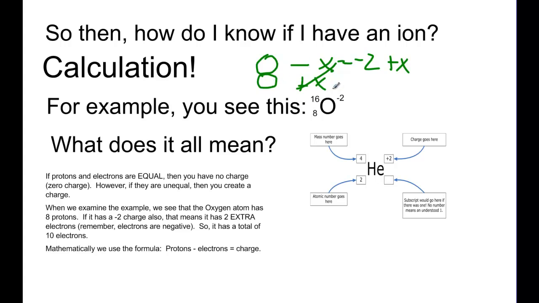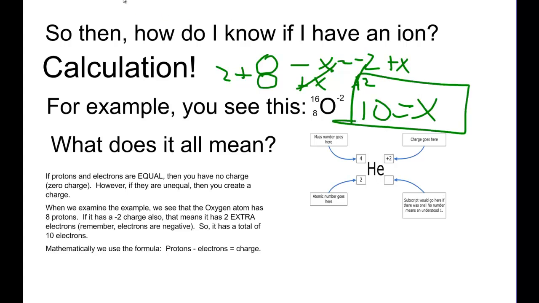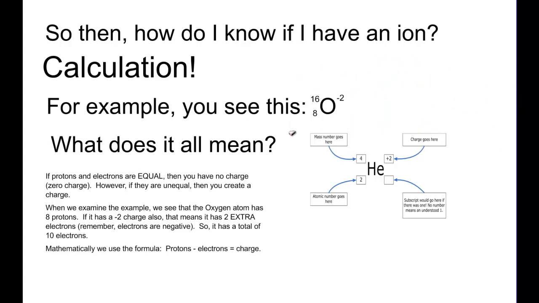Then we can add the 2 back, so that'll cancel, and we have 2 plus 8, which is 10. So 10 equals x. That's the roundabout way to do it. I'm sure most of you can do that in your head at this point. If you're a little bit weak on your algebra, just go back, review it, study up, and ask your math teacher. I will try to help you in class as much as possible.